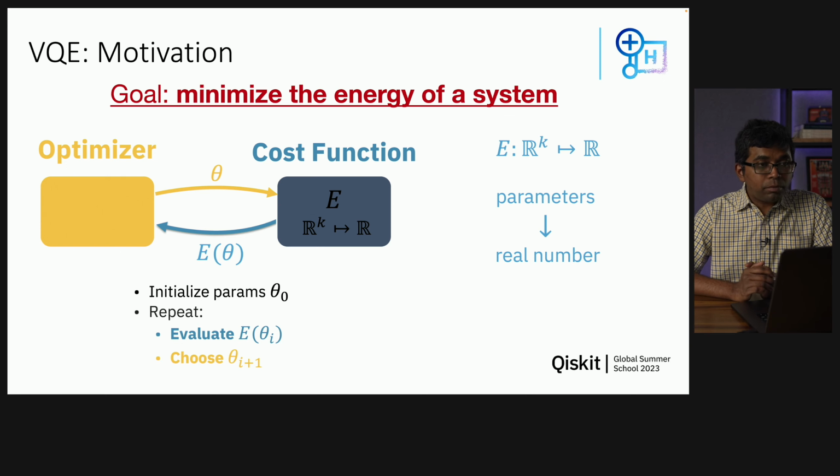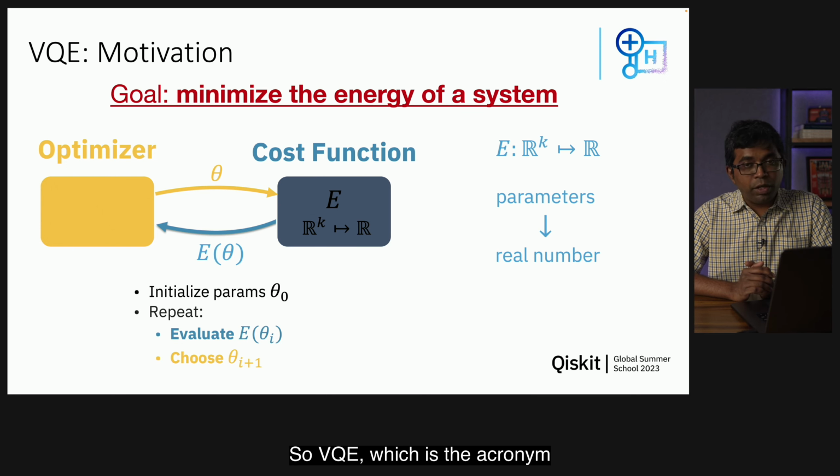VQE, which is the acronym for Variational Quantum Eigensolver, and when people talk about near-term algorithms, there are two very well-known algorithms. One is the variational quantum eigensolver algorithm. Another one is QAOA, which is the quantum approximate optimization algorithm.